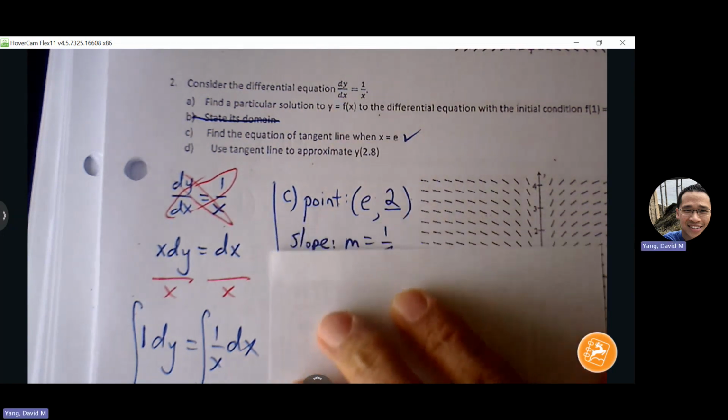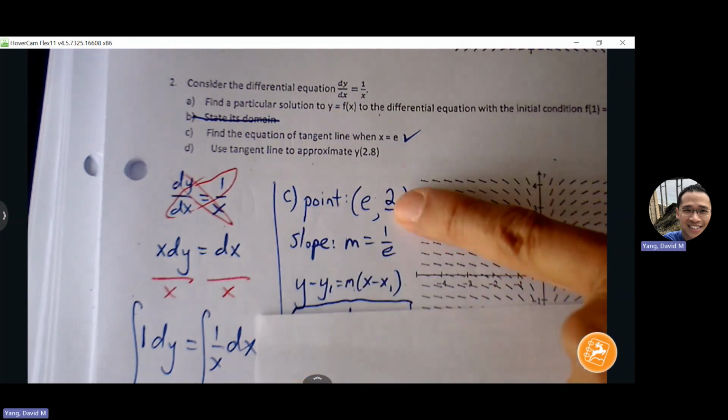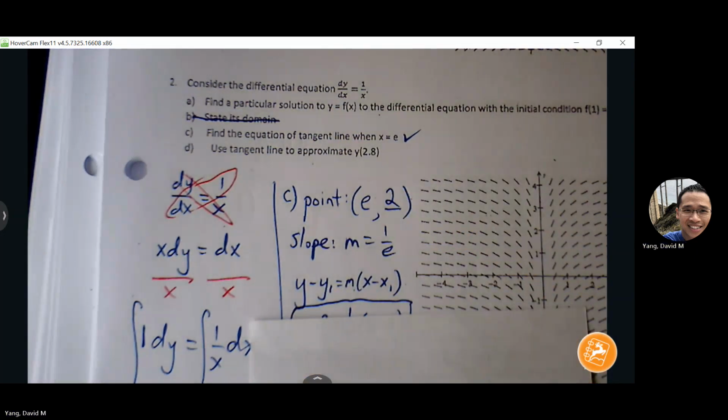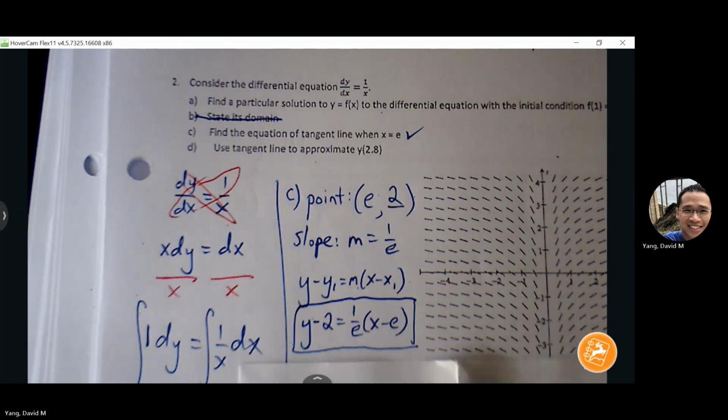But if we want to put it into point slope form, we do need the y value, right? Okay, so there's my tangent equation. I just replaced e and 2 in for x and y. I replaced m with 1 over e.